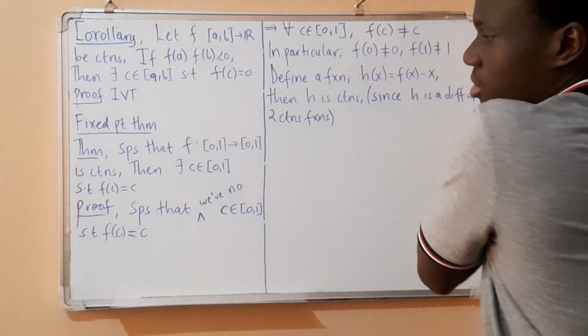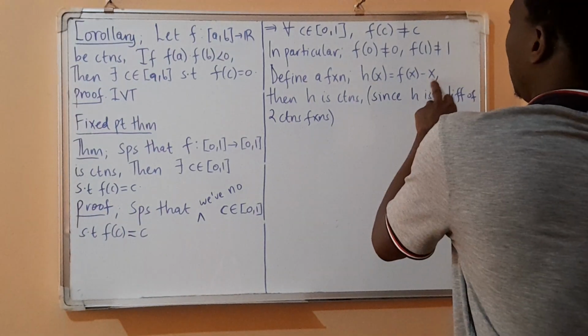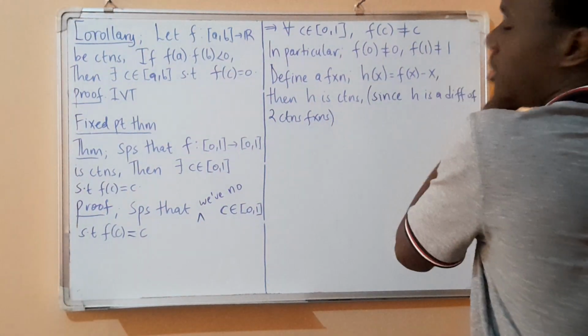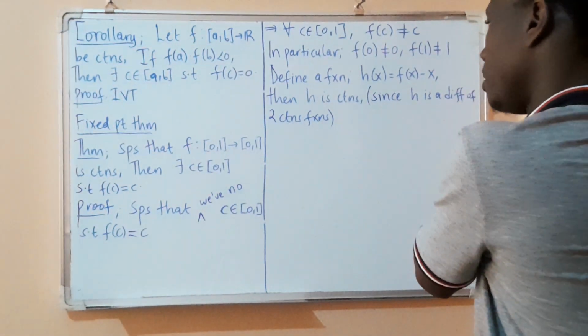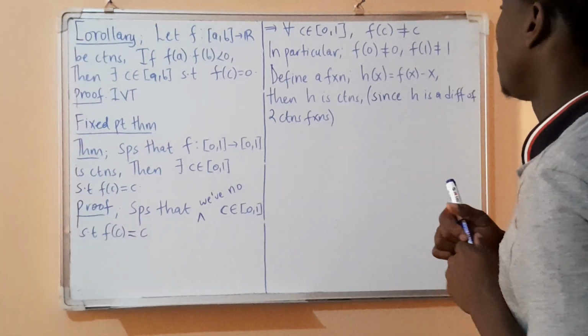F of x is continuous by definition. Also, the function x is continuous. So h is also continuous, being a difference of two continuous functions.